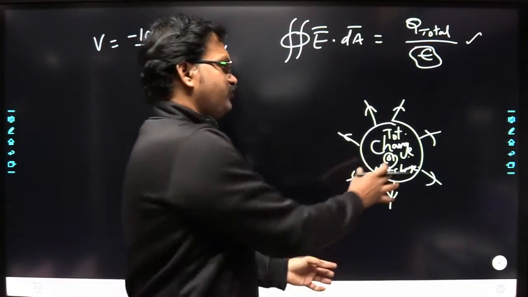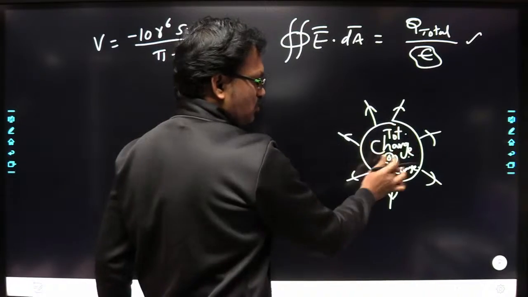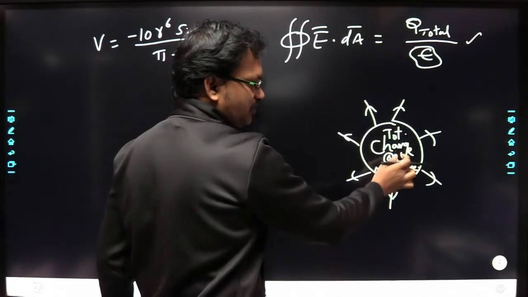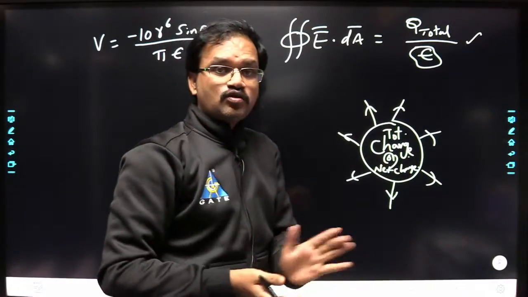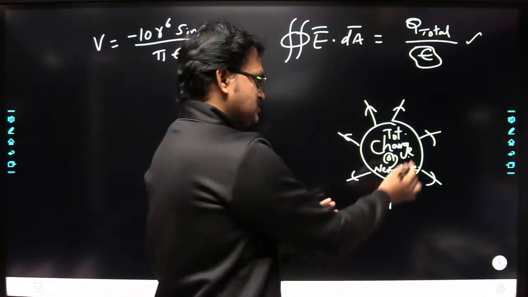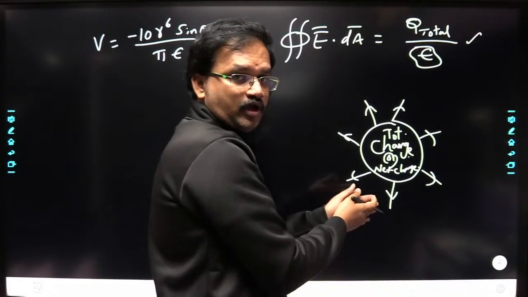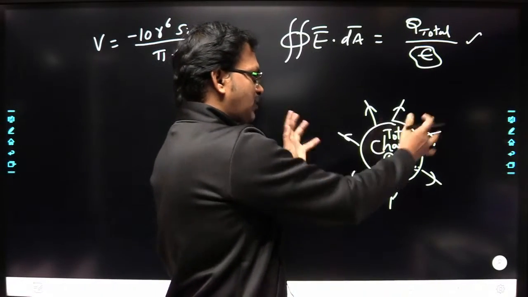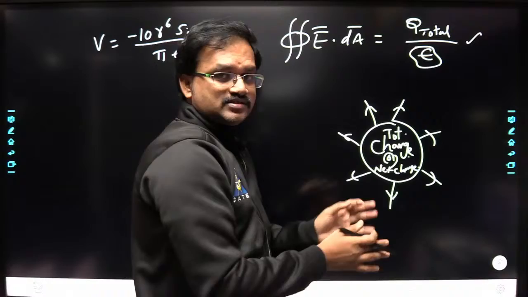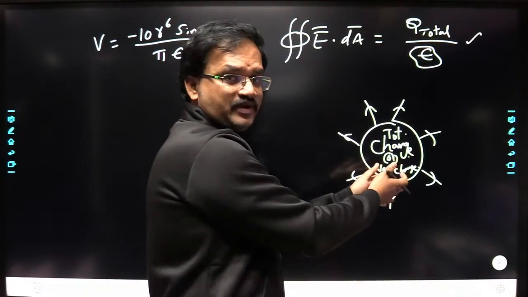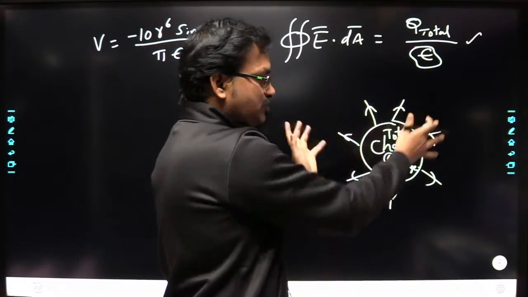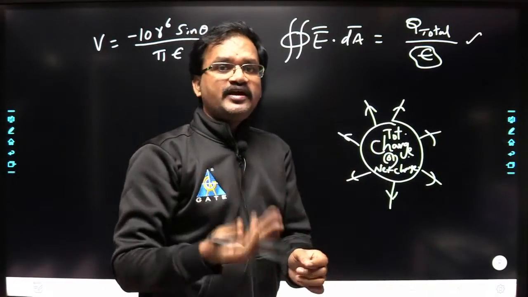So if you change the medium inside this closed surface, then the number of field lines that are leaving the closed surface is also going to change. If I consider this medium as air, the number of field lines that are leaving is something, and if I change the medium to glass, then the number of field lines that leave the closed surface is going to be different.